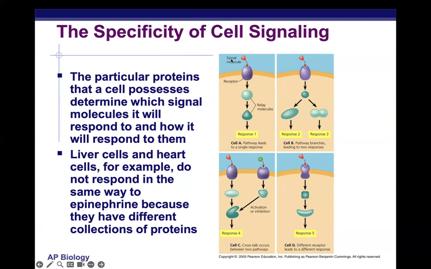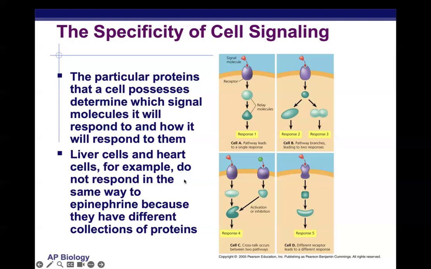So here we have one signaling molecule attaching to one receptor and one response happening. In this example, we have one signaling molecule attaching to one receptor, but this second messenger is able to activate two different types of relay molecules, so two different responses happen because of the same signaling molecule. And here, like in this one down here, we have a different receptor responding to the same signaling molecule, so a different response happens.